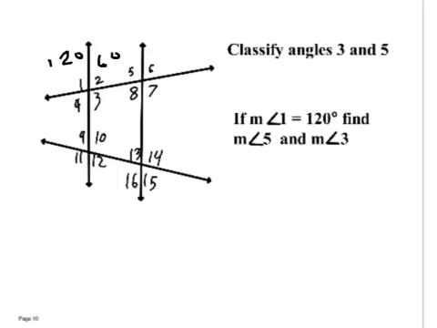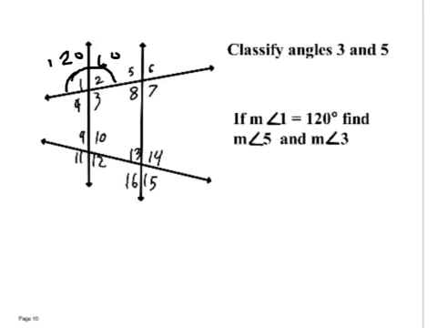Why would it be 60? Because what do they add up to? What do angle 1 and angle 2 add up to? 180, right? Because they're supplementary angles, aren't they? Okay, so they add up to 180.